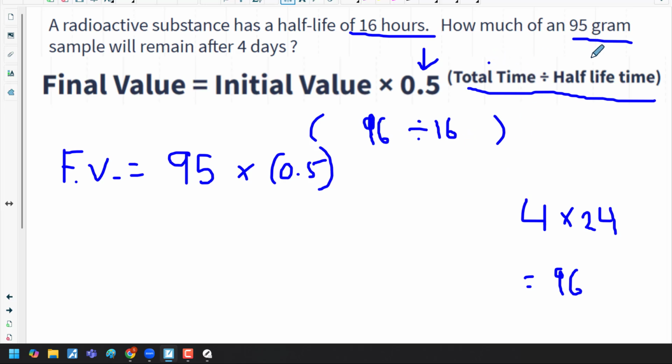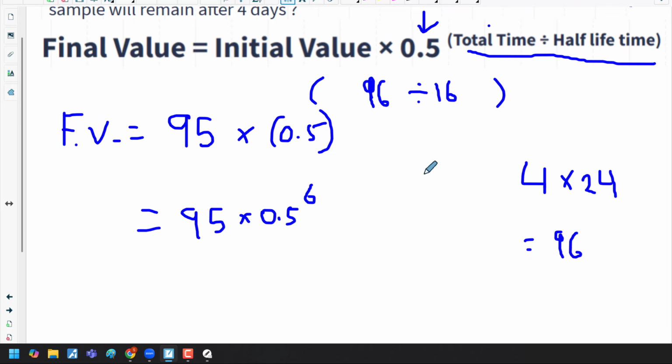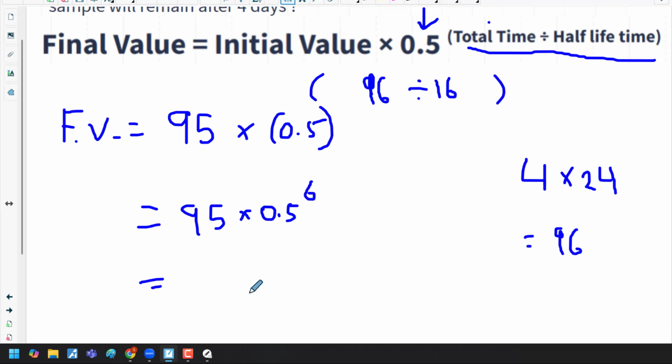So total time over half-life time. 96 divided by 16. Well, that's a pretty nice number. It's 6. So just an extra step here. But once you get to this step here, it's the same as usual.